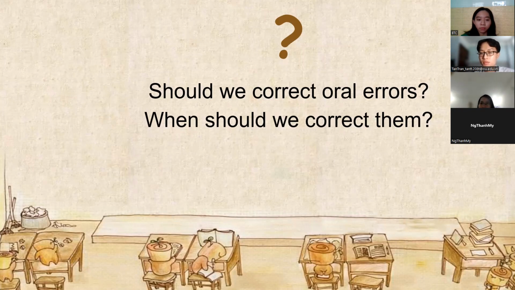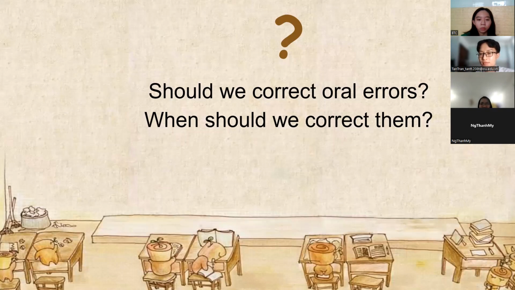If we correct their mistakes too much or interfere in their talk, they feel their flow of thinking is interrupted, so they cannot finish their talk. We can choose to correct their errors after they finish. We reinforce their fluency first, and then improve their accuracy later. That's my opinion.